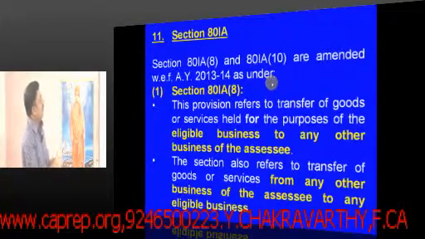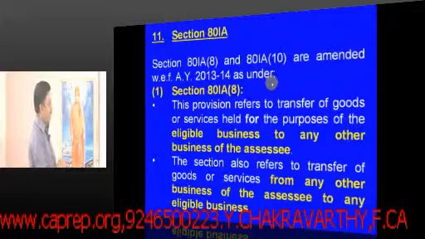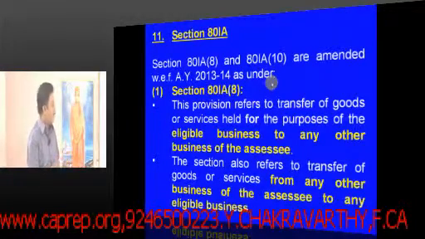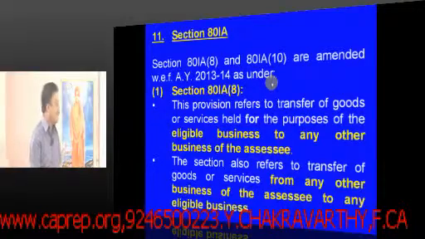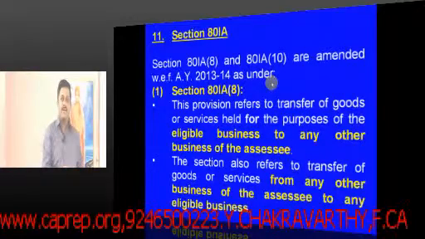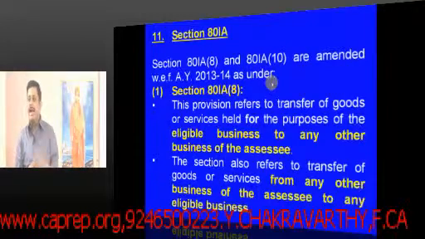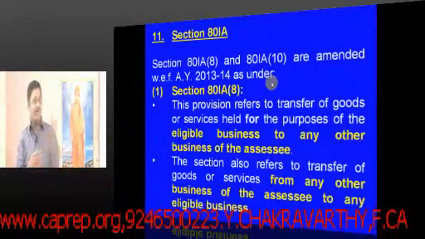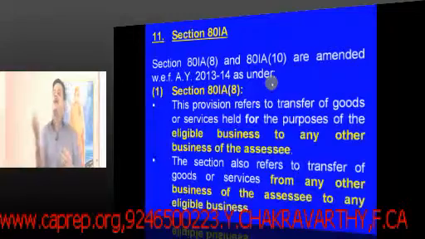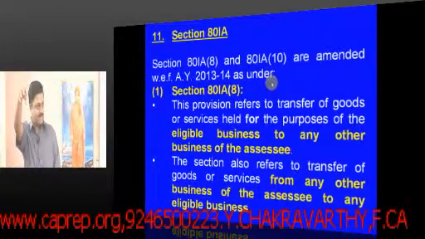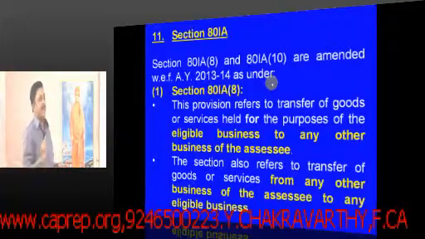Then you see here 80IA8, this provision refers to the transfer of goods or services held for the purpose of eligible business to any other business of the SSE. See, in the earlier situation, what is it? 80IA6, what we said? From one undertaking of the SSE to another undertaking of the SSE under the same business. Now 80IA8, what is it?